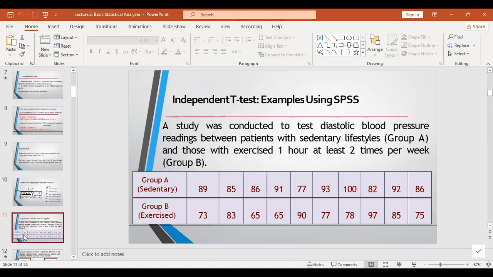Okay, so later I will let you open the independent t-test. Ano ba to? Independent. Open the diastolic independent t-test.